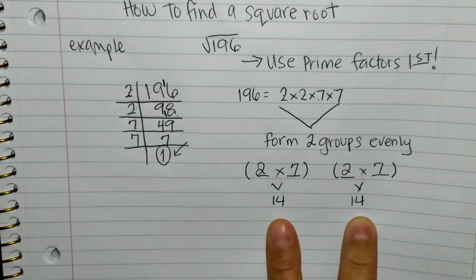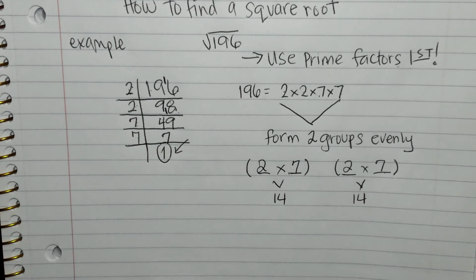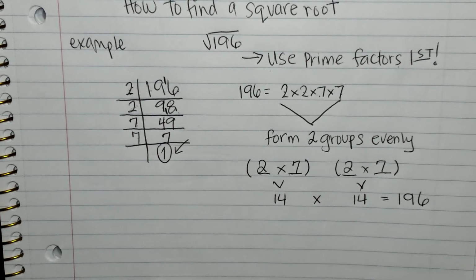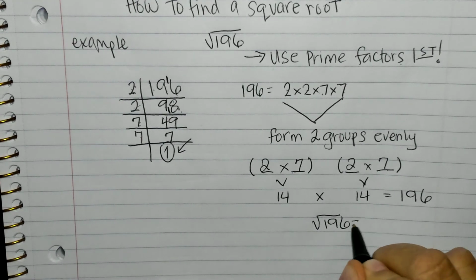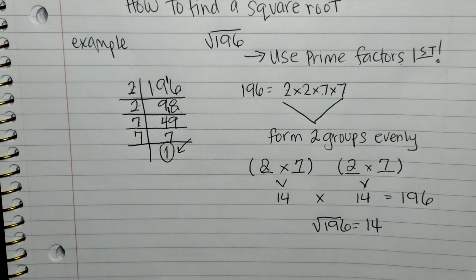And the reason it has to be the same is because that is going to be my square root. 14 times 14 is 196. Therefore, the square root of 196 is 14. Fourteen times 14 is 196. The square root of 196 is 14.